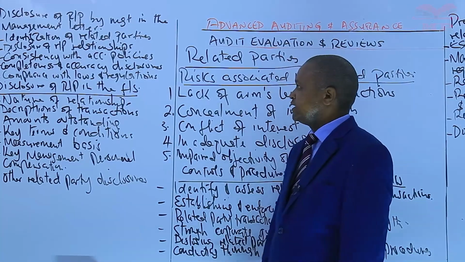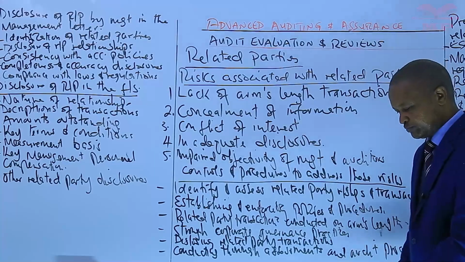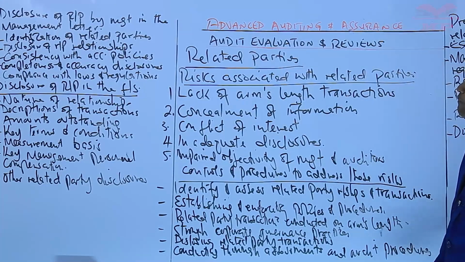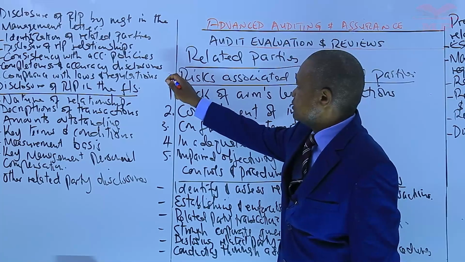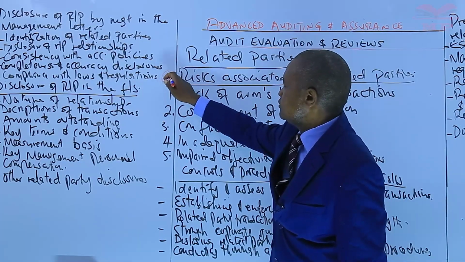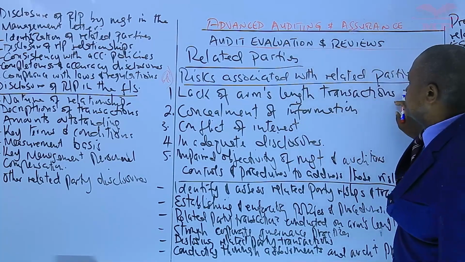So that will mark the end of today's lesson, where we've studied: 1, risks associated with related parties.